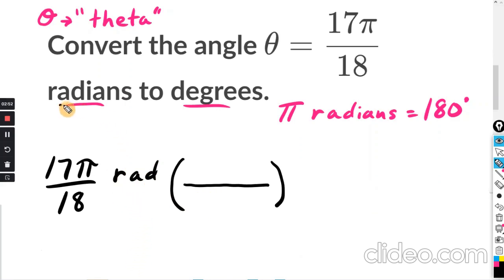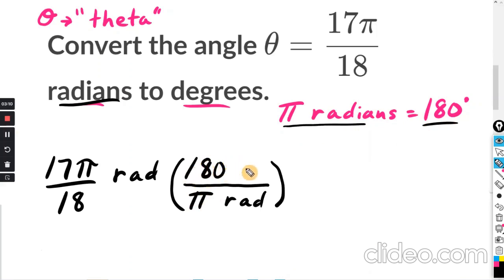So since we started with radians, this is in the numerator, I am going to write radians in the denominator. So we have pi radians, and in the numerator, we're going to do 180 degrees. Okay, instead of the little degree symbol, I am going to write DEG just for now.